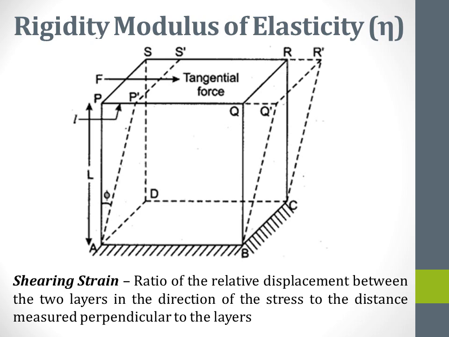It is the ratio of the relative displacement between the two layers, the lower face ABCD and the upper layer PQRS, in the direction of the stress, to the distance measured perpendicular to the layers, which is capital L.